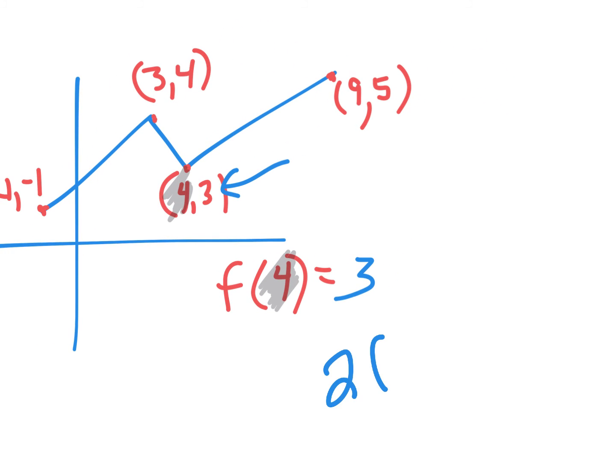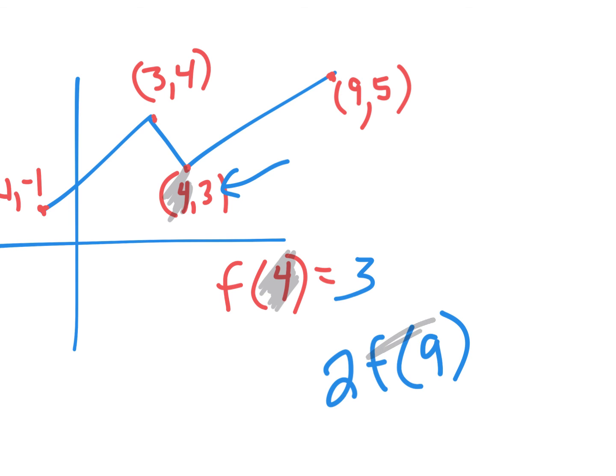Another one like that. What's 2 f of 9? Now, don't let the 2 confuse you. You can do the 2 times last. So really, I just asked you f of 9. But double it. All right, I called on a student, and he's going to start with the f of 9 part right there.